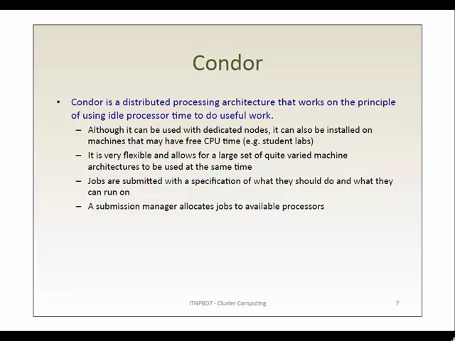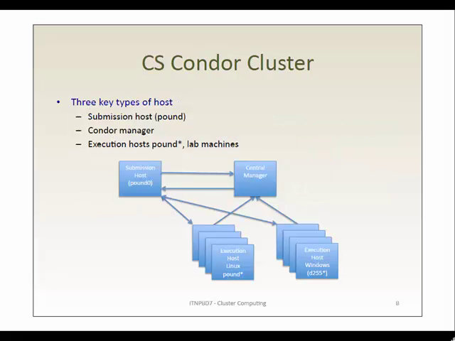Right. So how does it work? Well, you log in to a submission host, let me just go to a diagram, actually. You log in to a submission host, which is pound 0 is its alias. And this is the only contact you really have in theory with the cluster. You log into the submission host, and on that submission host you submit a job.